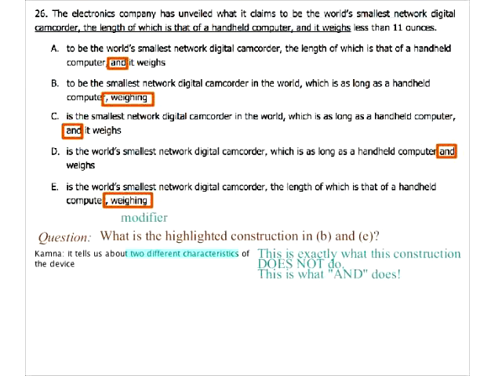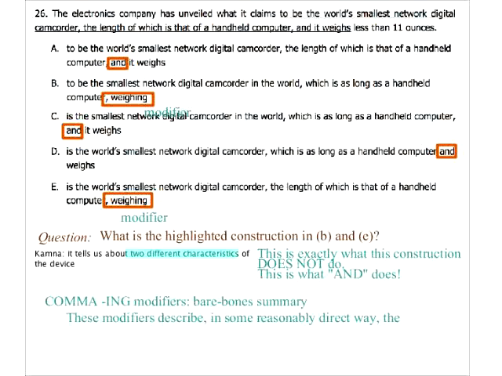Comma ing modifiers, what they do is to make a very long story very short. A very bare bones summary of these, without launching into a huge discussion about them, is that these modifiers describe in some reasonably direct way the previous action, which is also the same as saying that they talk about the previous clause.